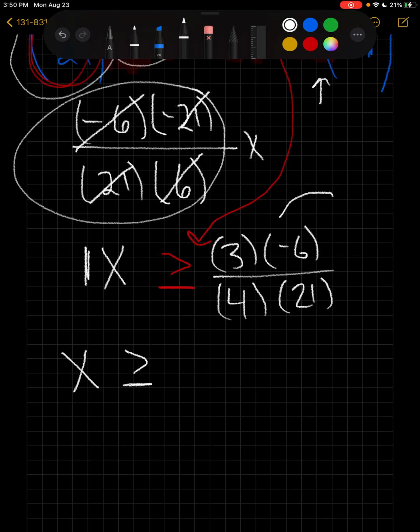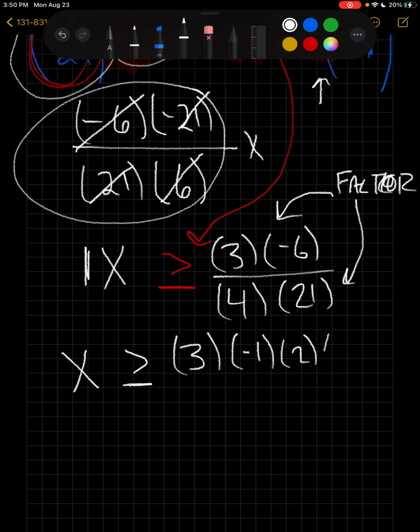So I like to break it down. I think I've told you guys this before, and fully factor my numerator and denominator, so that I end up with 3 times negative 1 times 2 times 3.